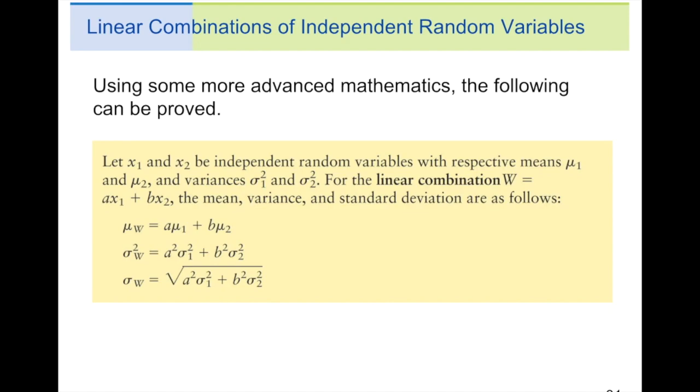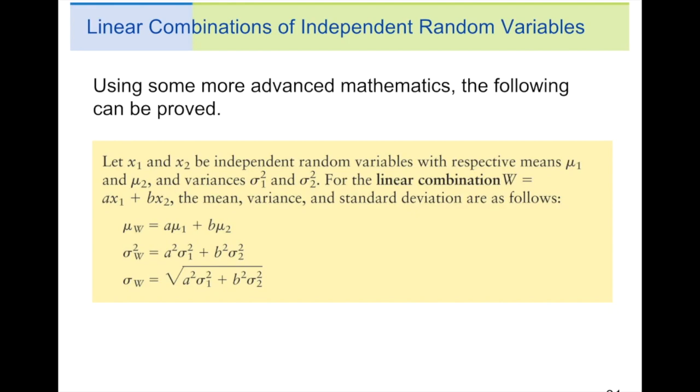Let x sub 1 and x sub 2 be independent random variables with respective means mu sub 1 and mu sub 2, and variances sigma squared sub 1 and sigma squared sub 2. For the linear combination w equals a x sub 1 plus b x sub 2, the mean, variance, and standard deviation are as follows. Mu sub w, or the mean of w, is a times mu sub 1 plus b times mu sub 2.